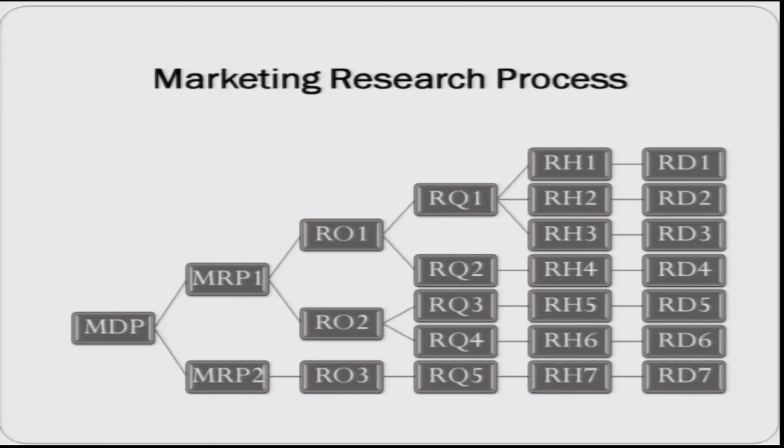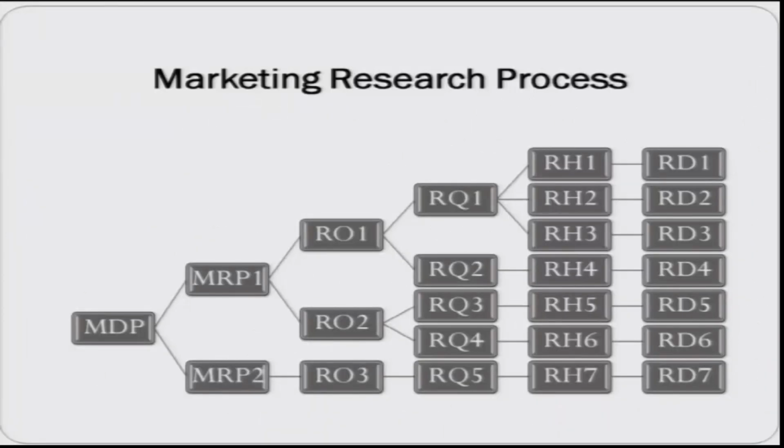Then for each research objective or specific component, you can have more than one research question to answer that research objective, and you can build more than one research hypothesis to answer that research question. Corresponding to each of these hypotheses, you have to have a research design to test those hypotheses. In that you collect the information and test what is stated in that hypothesis.